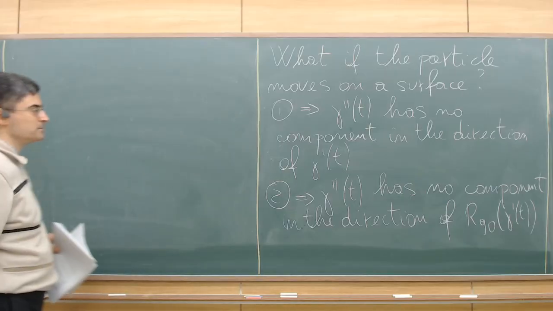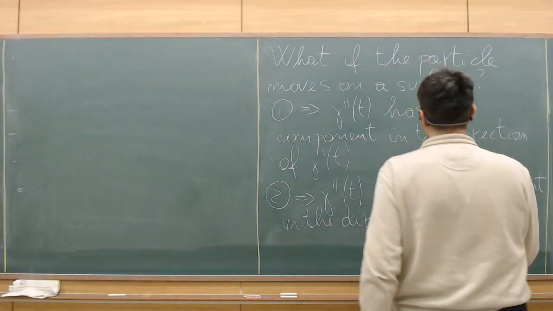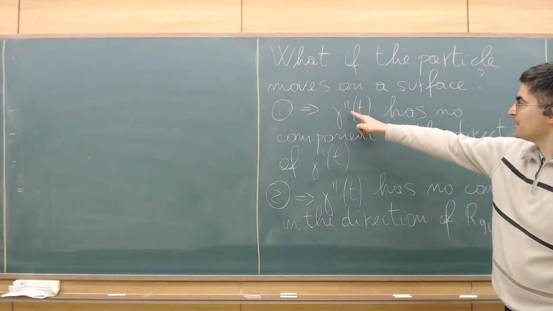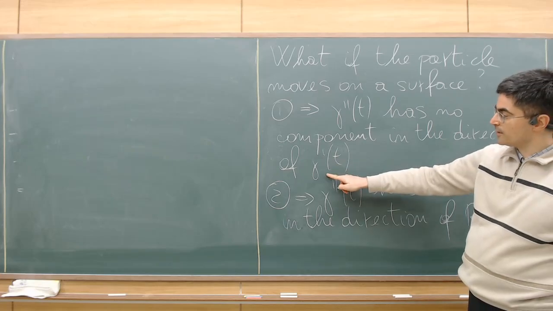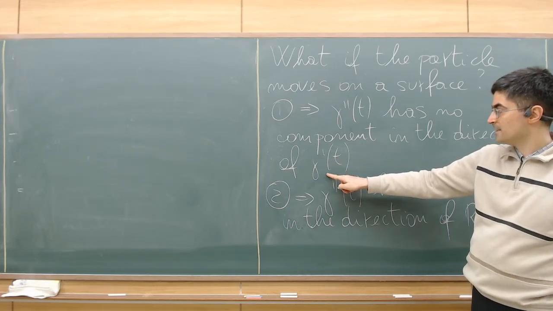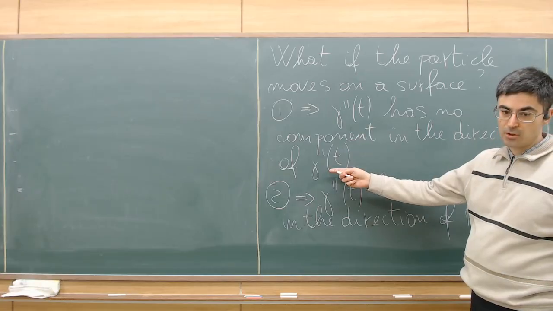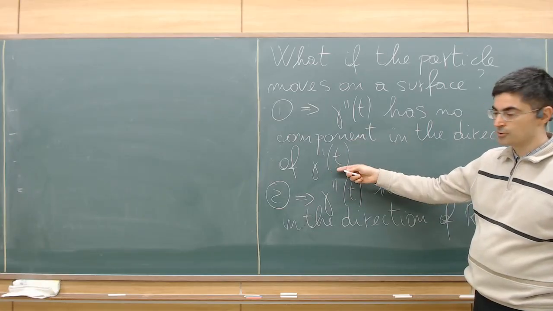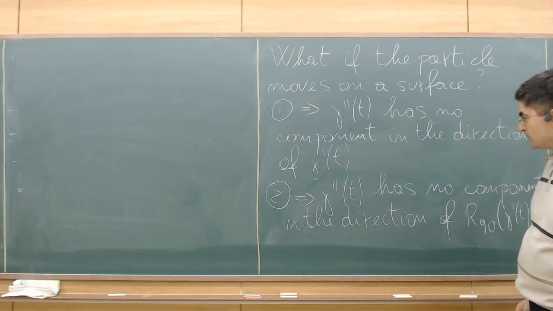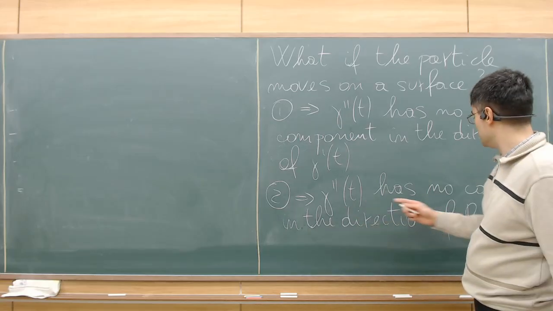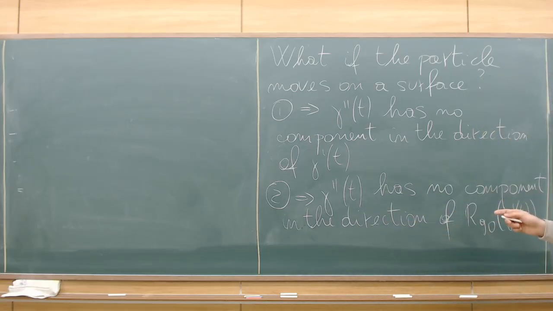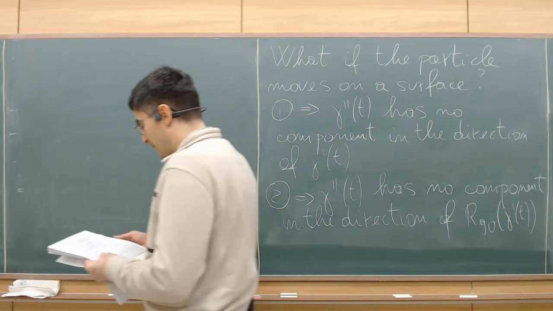This is clear. Why? Because if gamma second has a component in the direction of gamma prime t, then the velocity of the moving particle changes, and if gamma second has a non-zero component in the direction of R90 gamma prime t, it turns left or right.